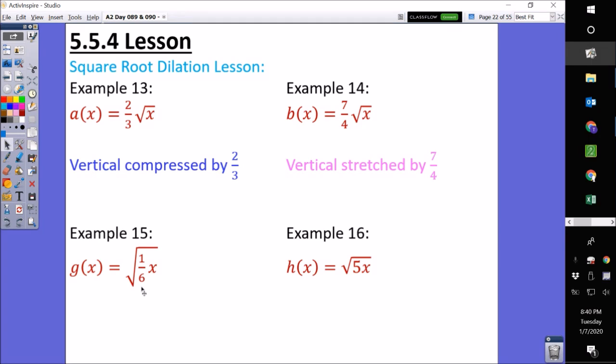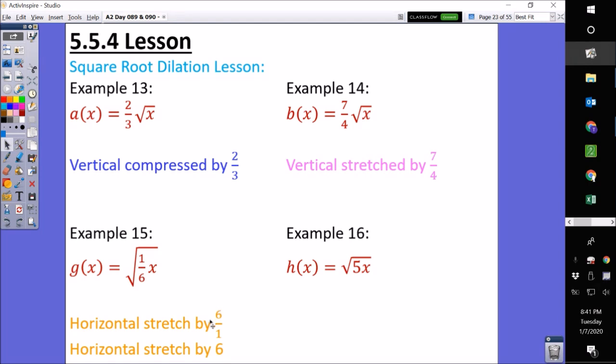So this will be classified as horizontal stretch by 6 over 1. The reason I said 6 over 1 is because you have to write the reciprocal number for horizontal dilation.